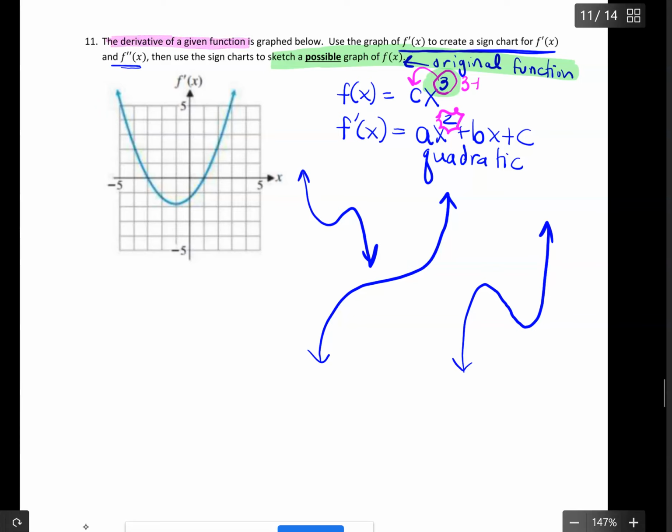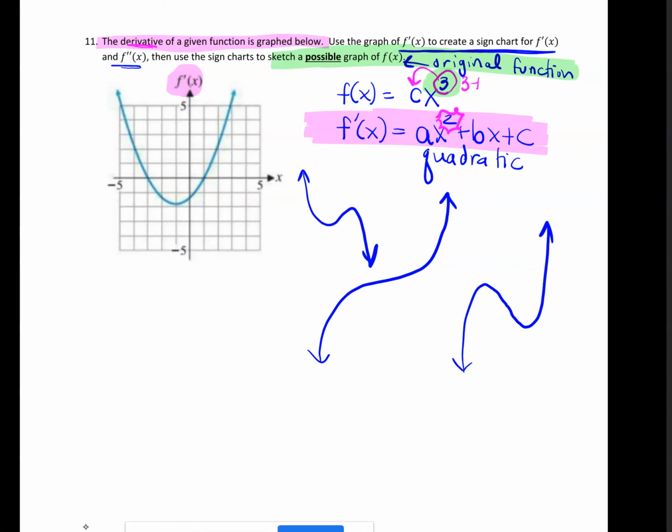Okay, how in the world are we going to do that? Let's see. What we're going to do is create a first derivative sign chart. We're going to use the graph to make a first derivative sign chart, and we're going to create a second derivative sign chart. This is where our brains have to turn on. So let's do this. Let's create the first derivative sign chart.